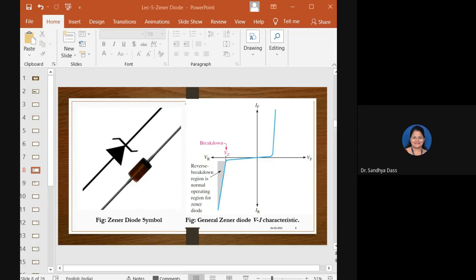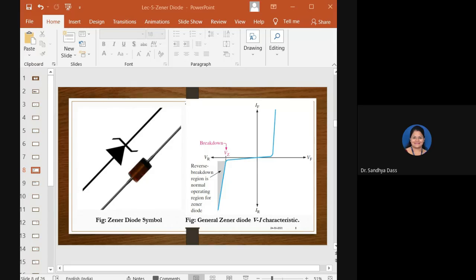Due to this cumulative phenomenon, a large number of free electrons are created in the depletion layer, and the diode becomes conductive. That type of breakdown was avalanche breakdown, which we discussed in the previous class.